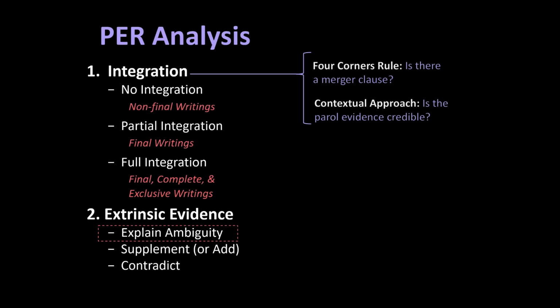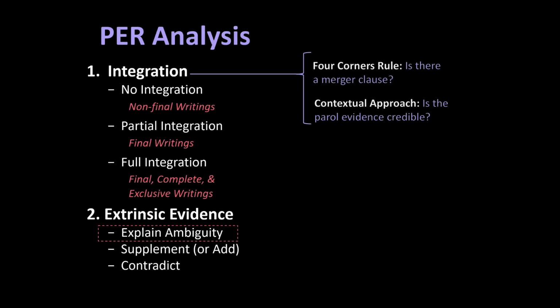And that question, in turn, depends on whether the written agreement is a full or partial integration. But as we have already noted, the parol evidence rule always permits explanatory evidence to resolve ambiguity in the writing, regardless of whether the writing is a partial or full integration, so long as the extrinsic evidence is being used to resolve ambiguity and not really trying to add new terms to the parties' written agreement or contradict any of the terms in the writing.